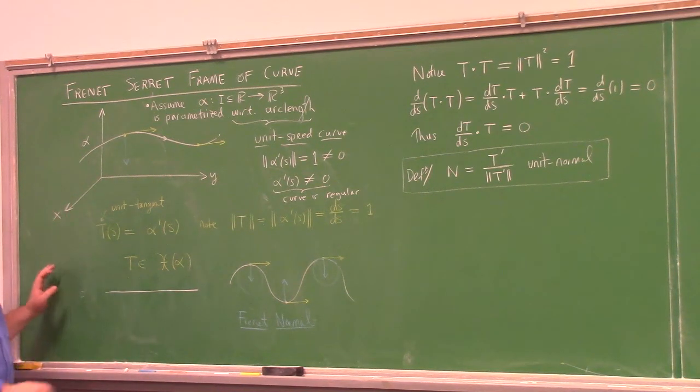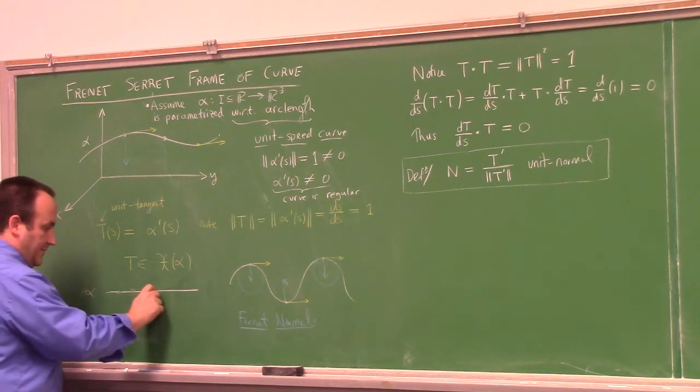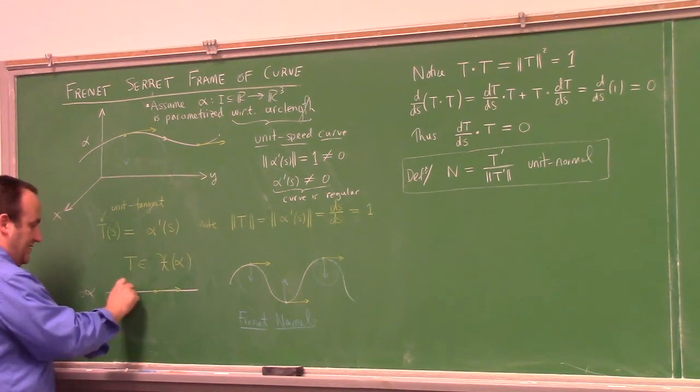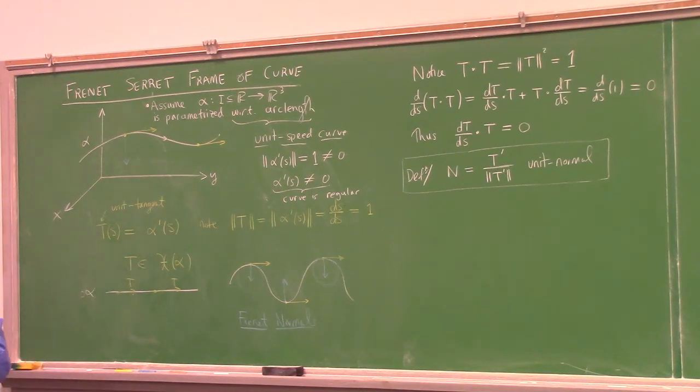What if alpha is a line? I mean, we can define the unit tangent field, no problem, right? You pick a point, I can give you T, right? No problem. But what's the normal? What's the normal direction to a line? It's an orthogonal direction, so how many of those are there in 3 dimensions?